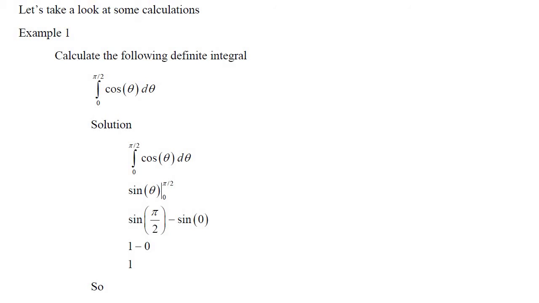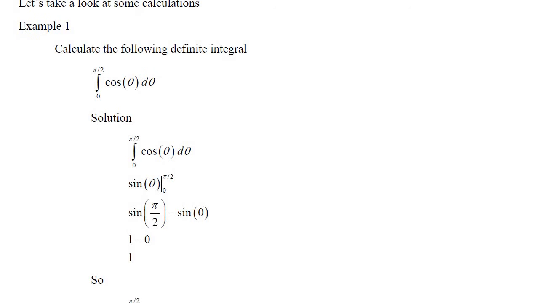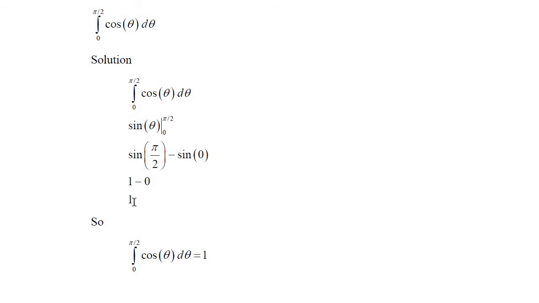So I have the sine of pi over 2 minus the sine of 0. The sine of pi over 2 is 1, the sine of 0 is 0, and then 1 minus 0 gives me 1. So the definite integral from 0 to pi over 2 of cosine theta d theta is 1.